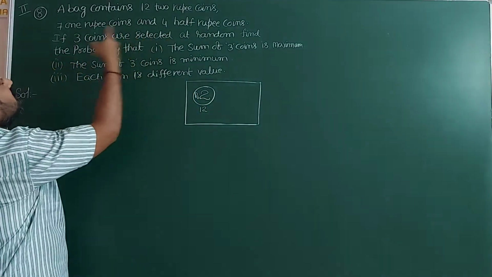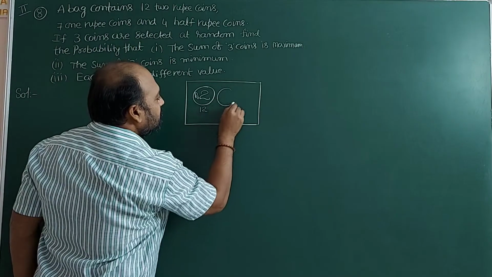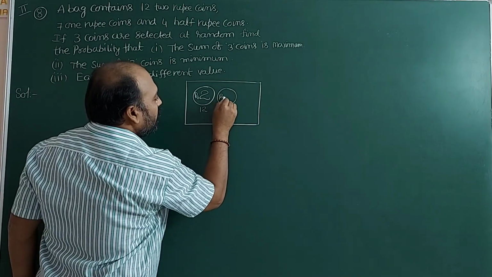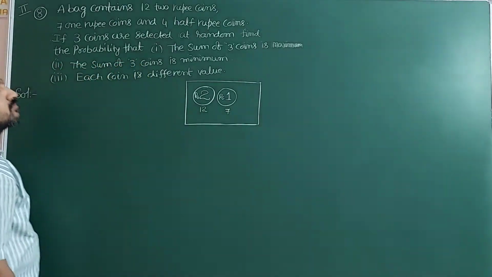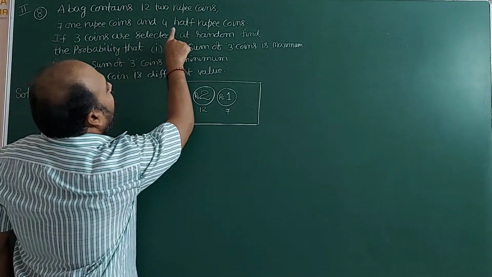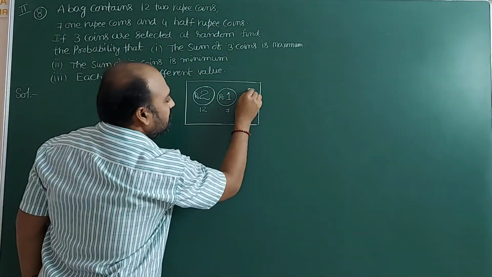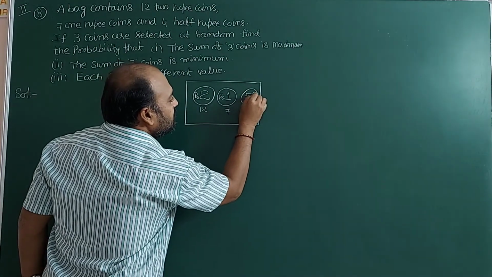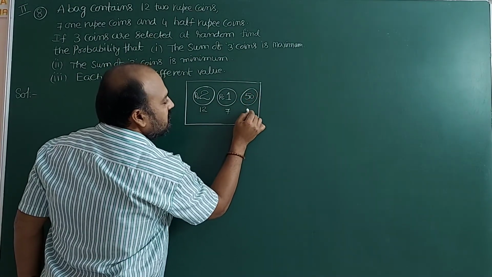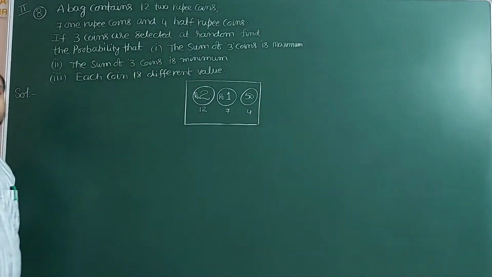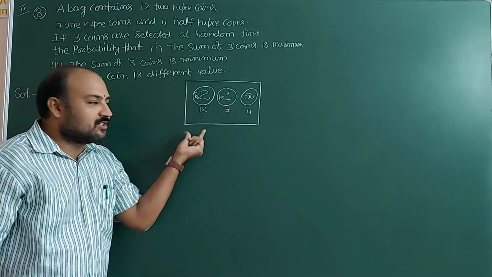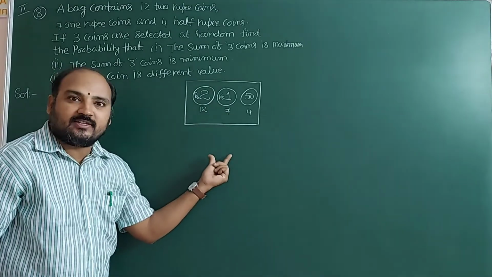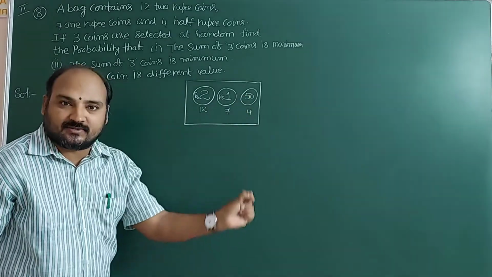Next, 7 1-rupee coins, 7 are there. Next, 4 half-rupee coins, 50 paise, 4 are there. So in a bag, 12 2-rupee coins, 7 1-rupee coins, 4 50-paise coins.